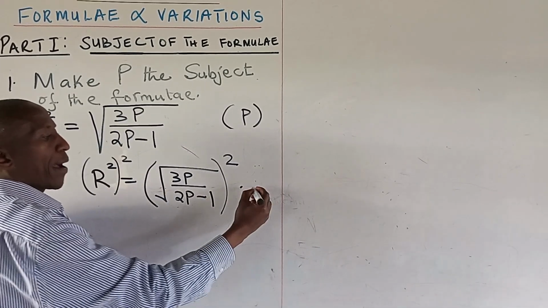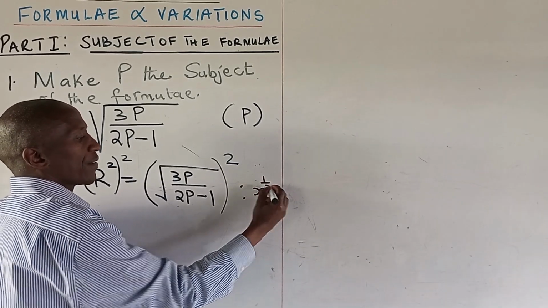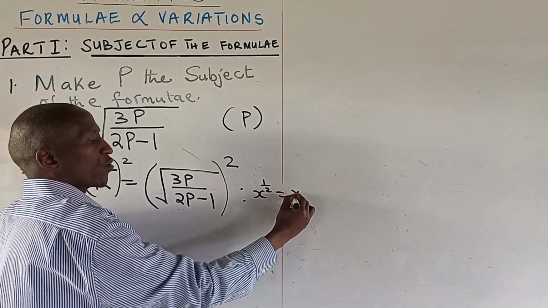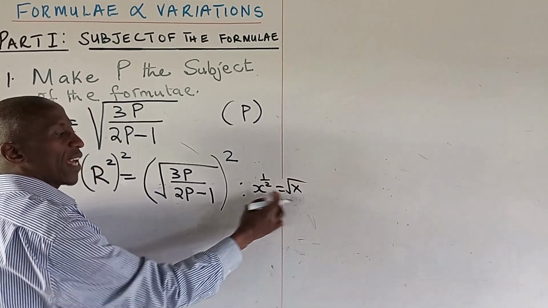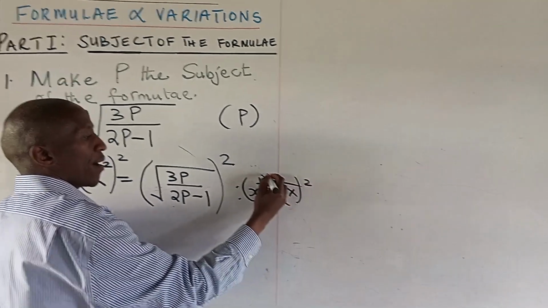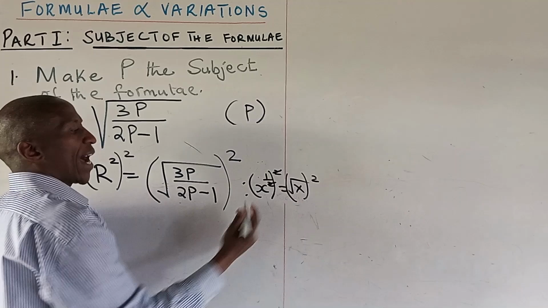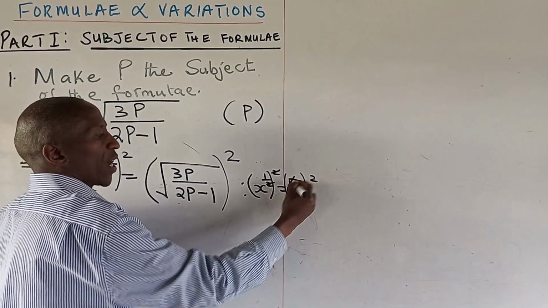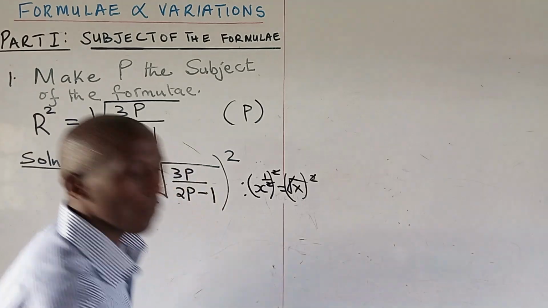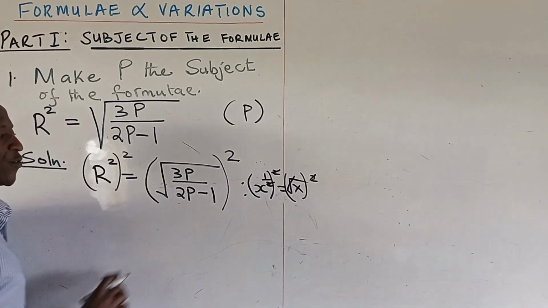Remember, any value, let us take x, raised to power over half, is equivalent to x, the square root of x. These are equivalent. That means when I square both sides, I'll be able to undo the square and get x. That is the theory behind what we are doing.